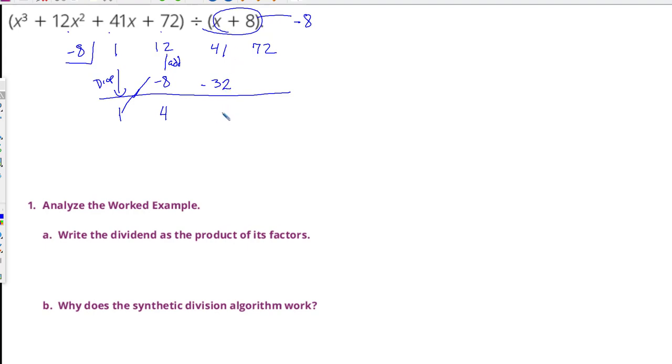Add gives you 9. Multiply gives you negative 72. And so when I add, I get 0. This spot is your remainder. And so if this was originally your x cubed, down here it's going to be your x squared. And so that means this is x squared, this is x, and that's my constant.